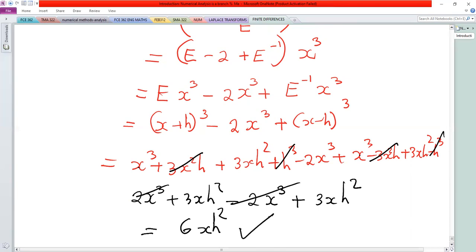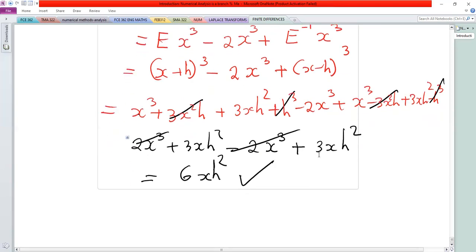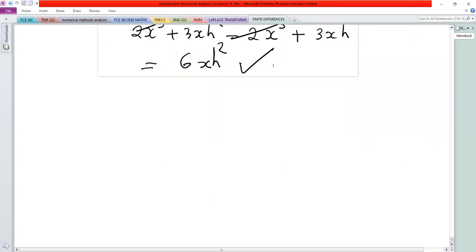That will be the simplification of that given problem. So that's how we manipulate the shift and backward, shift and forward.